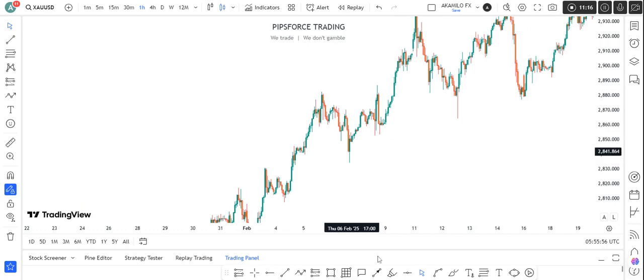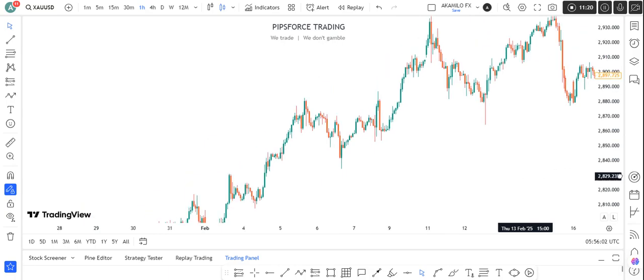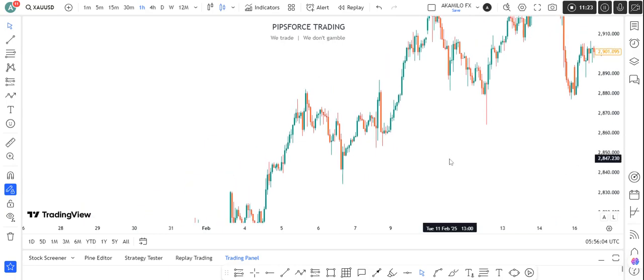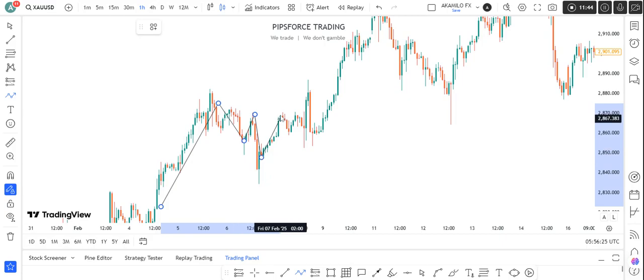In this case, you can see that when price is moving to an upside, it gives this retracement, creates this low, creates this particular high here, and then this one, price is supposed to hold on this level. So in this case, this is an example of a bearish breaker block.